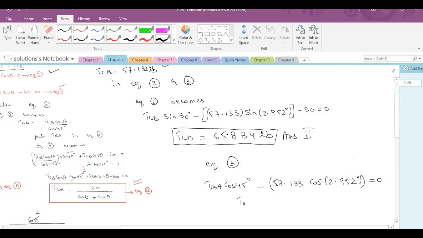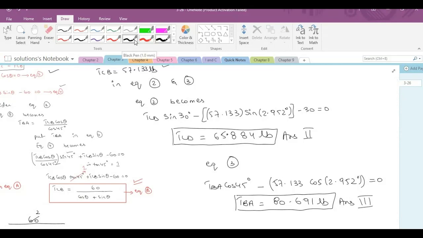So from here TBA becomes 80.691 lbs. Now this is our answer 3. This is our third answer. So we have found the forces TBA, TCD, and TCB. So this is it for this problem.